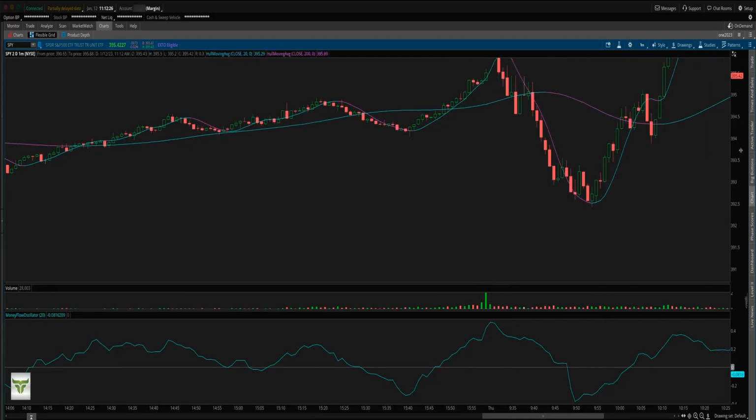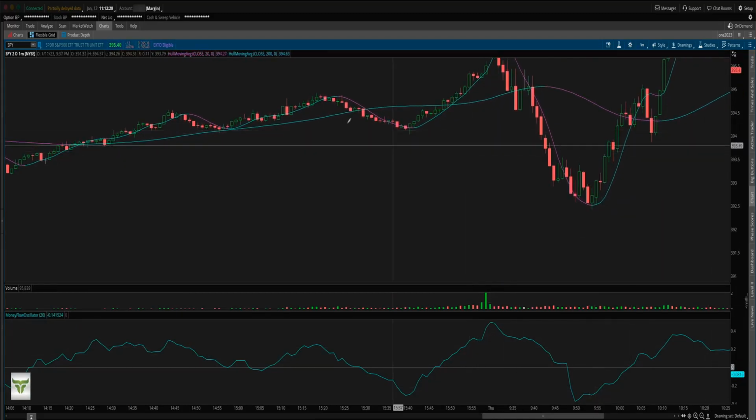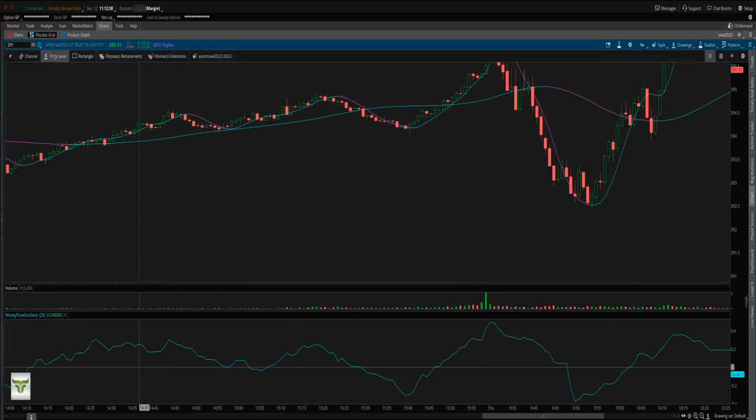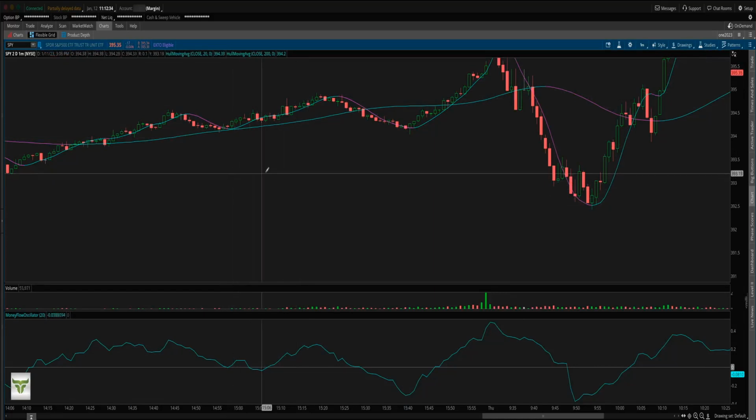All right, so let me get my price level tool up here. We go from the last hour. Where is the high print? Where's the high print on the last hour? The high print is literally right here. That's the high print.